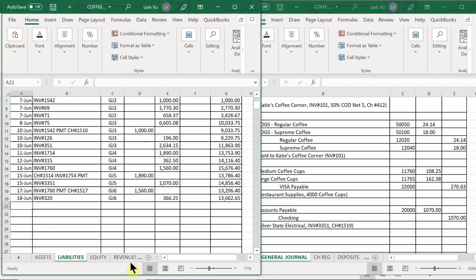Okay, so we have journal ledger. That's the check we pay. This is accounts payable and debit.